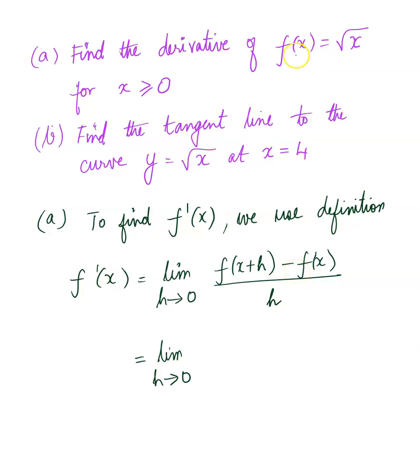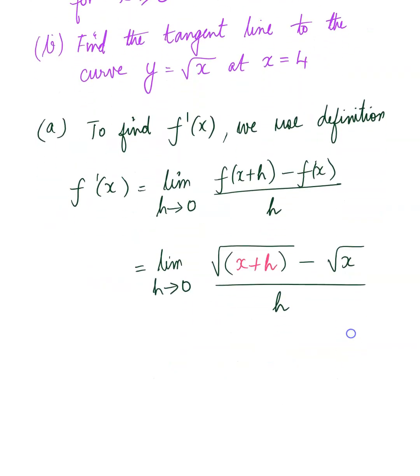Now we have f of x given to be square root of x. So in the place of x, I plug in x plus h. Wherever x occurs, I'll have x plus h. So I'm going to put parentheses under the radical, and I insert x plus h for the entire radical. Please do not put it at the end of the radical outside it. It has to stay inside the radical.